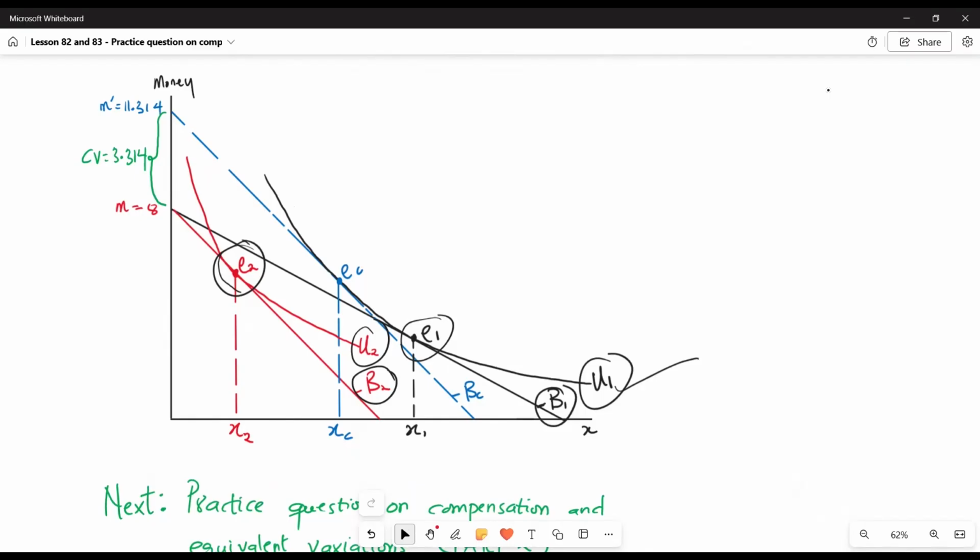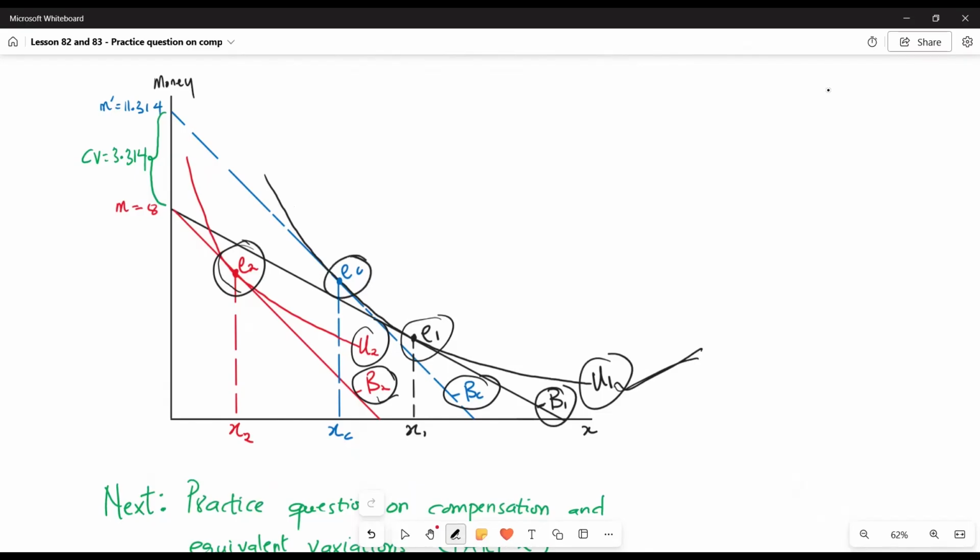So we have said in our previous lessons that this will mean that we'll have to move budget line B2 in a parallel fashion until it is tangential to the indifference curve U1. This brings us to our new budget line BC and a new equilibrium point EC.